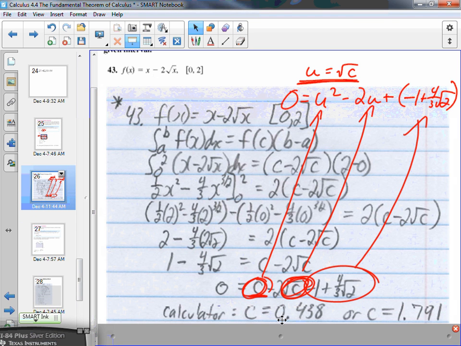But if we find what f of 0.438 equals, or what f of 1.791 equals, they'll be the same. That's the average value of this function, x minus 2 radical x, on this interval from 0 to 2.